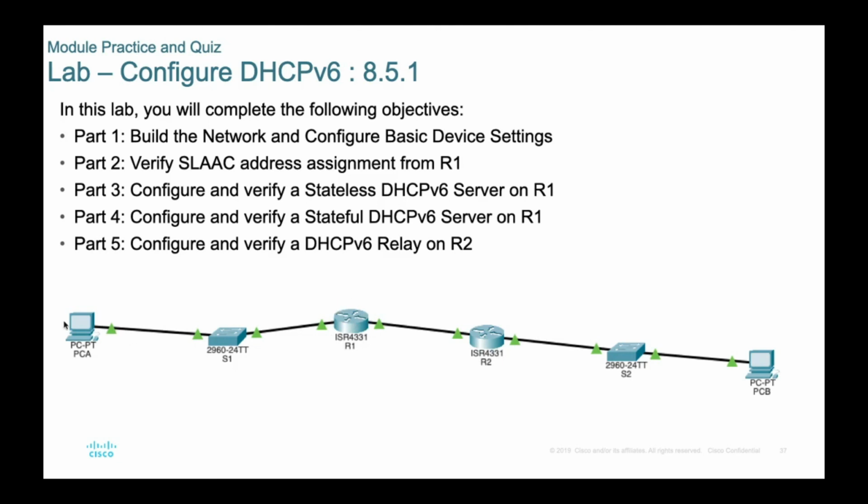PC-A gets the info from the DHCP server here as a stateless DHCP server, but you are going to create a stateful DHCP server for PC-B. So this info will be relayed through R2. So you are going to configure a relay on this port on R2. But unfortunately, in Packet Tracer, we cannot do a relay. Okay, that's all for this topic.